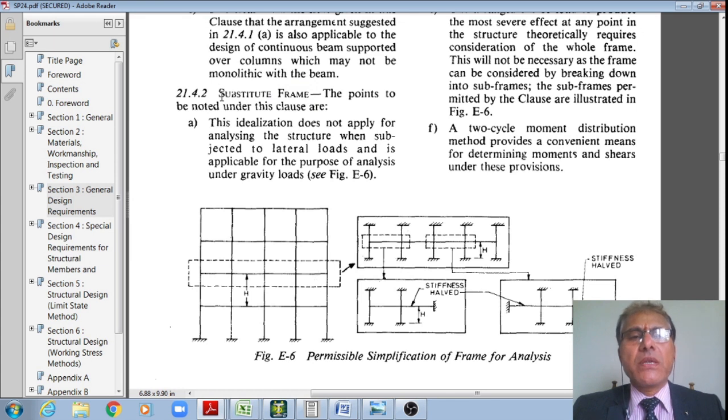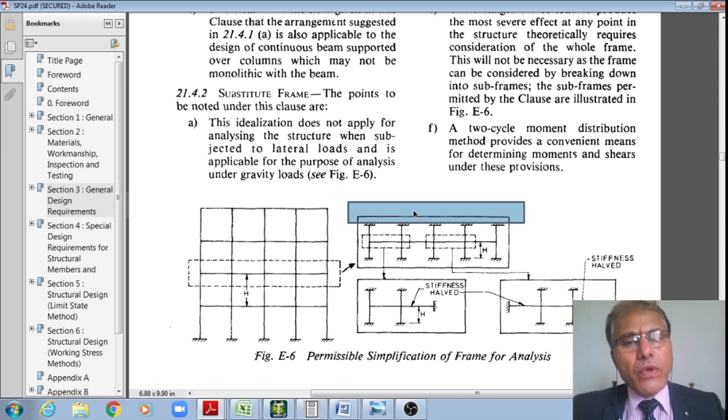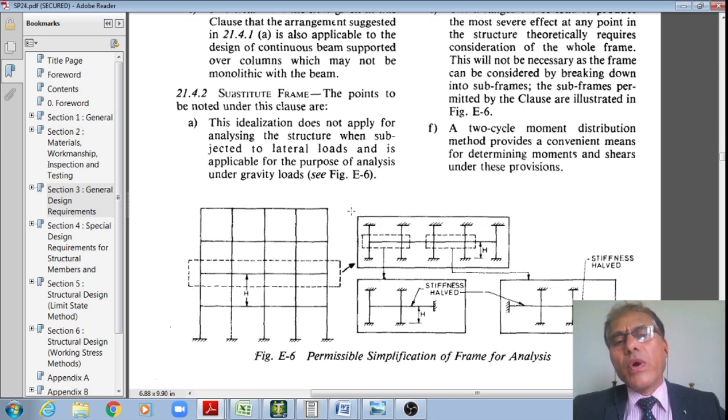For an elaborate discussion on this substitute frame method, please revisit our previous video on analysis and design of RCC substitute frame using STAAD.Pro. There we elaborately discussed how a substitute frame should be considered and how analysis should be done. I hope you watched that video.